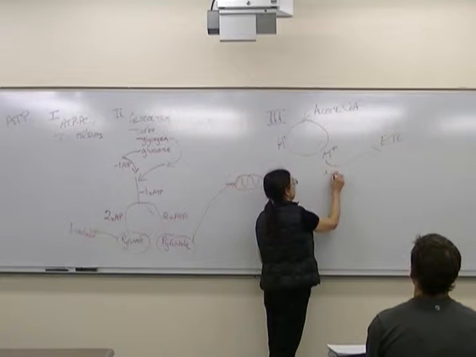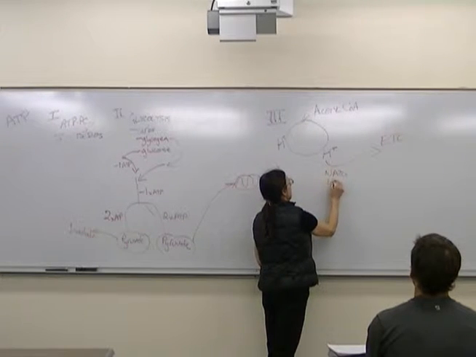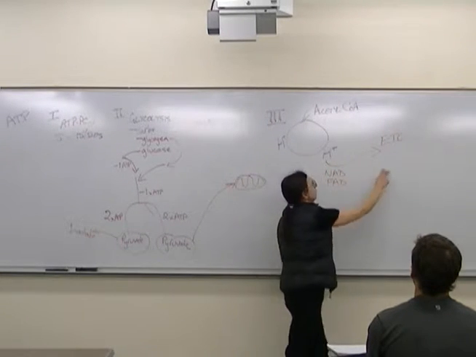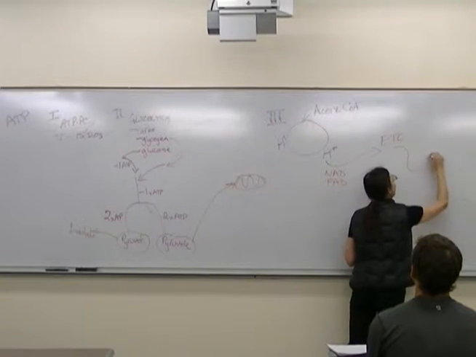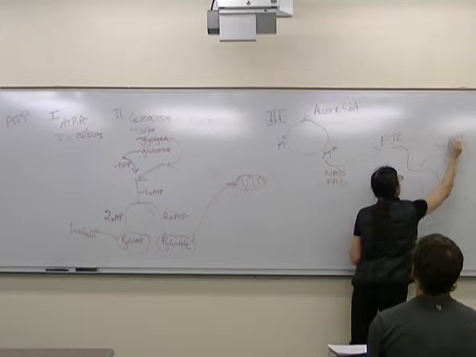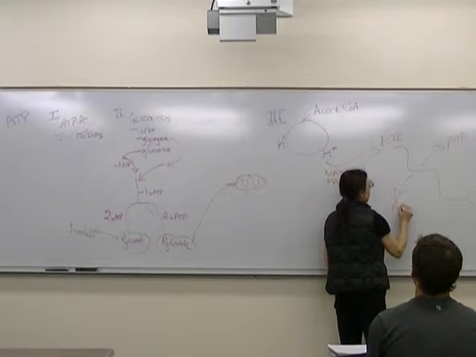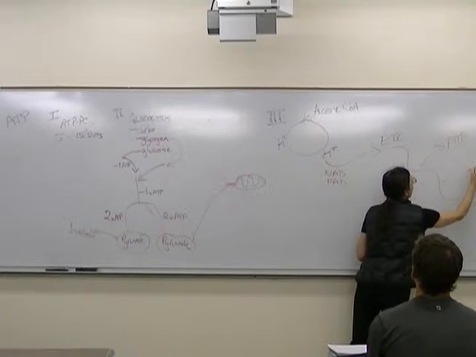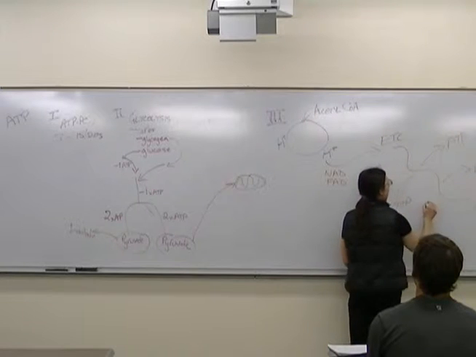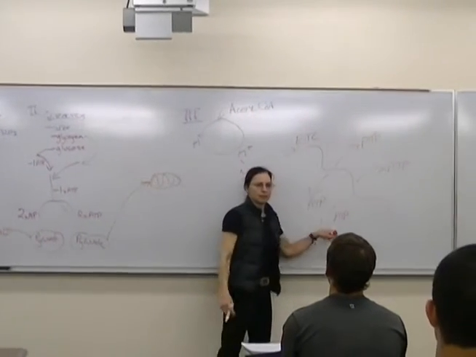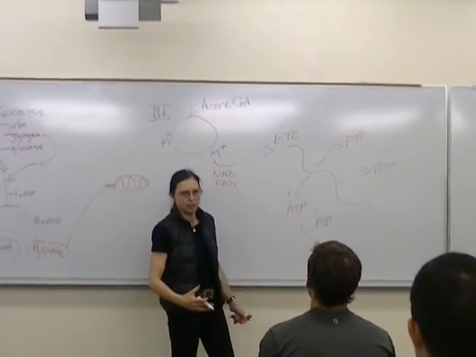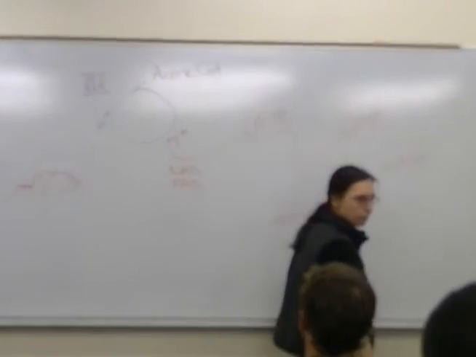NAD or FAD? Electron transport chain, tons of ATP, loads and loads of ATP, more ATP if I'm breaking down a fat, less ATP if I'm breaking down a carb, but still the predominant amount of ATP comes from the electron transport chain.